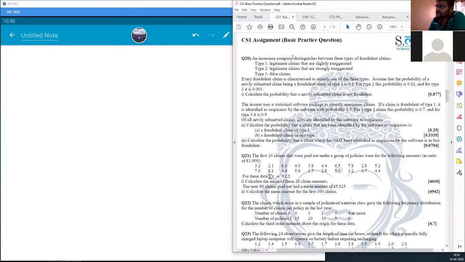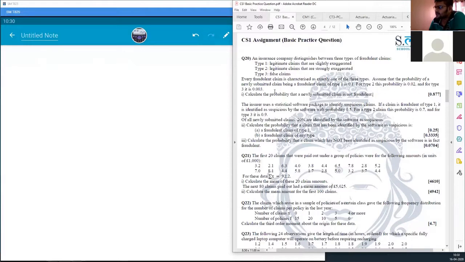Okay, let's read it fully. An insurance company distinguishes between 3 types of fraudulent claims. Type 1, legitimate claims that are slightly exaggerated. Type 2, legitimate claims that are strongly exaggerated. Type 3, false claims. Every fraudulent claim is characterized as exactly one of the 3 types.